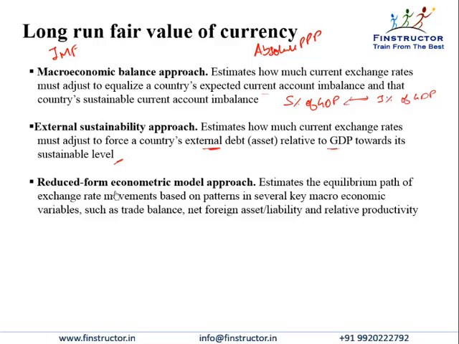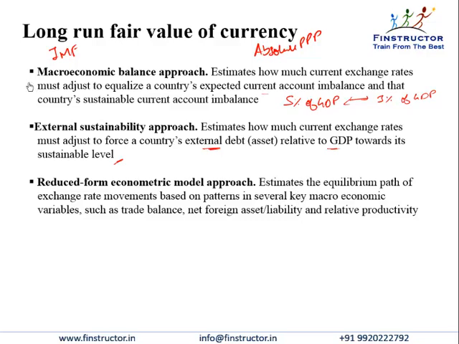The reduced form econometric model approach tries to construct a multi-factor model depending on inflation, GDP growth, demographics, purchasing power parity. Many factors can be included, and we try to formulate a regression type equation which will predict the long-term change in exchange rates based on various factors.